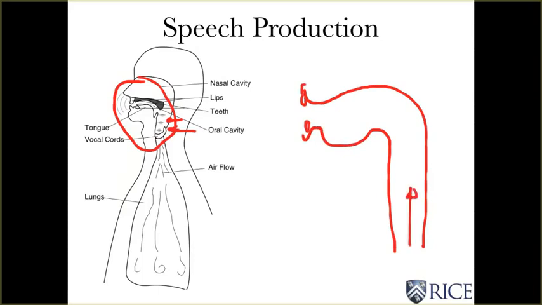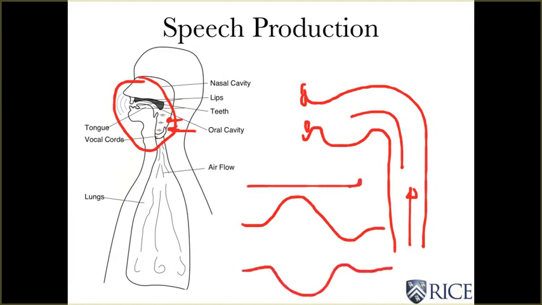Acoustically, your mouth looks like a pipe. If I were to straighten this out, it would look like a pipe with a varying cross-sectional area. This is the length of the pipe, and this is its cross-section. Acoustically, your mouth looks like a straight pipe which has a complicated structure.